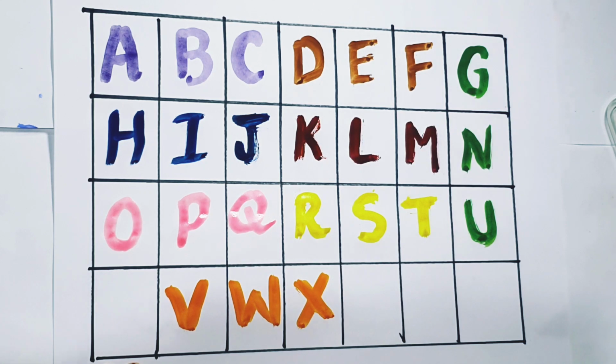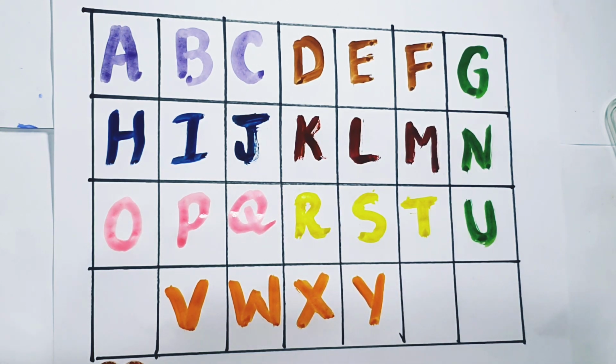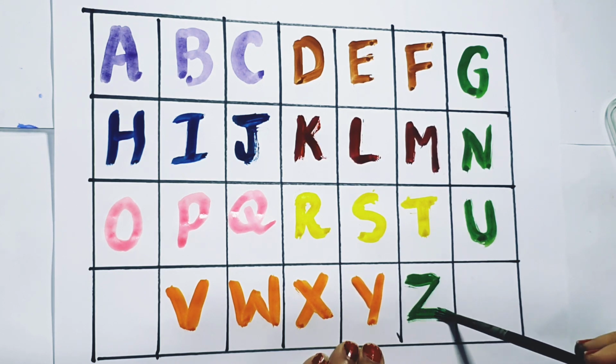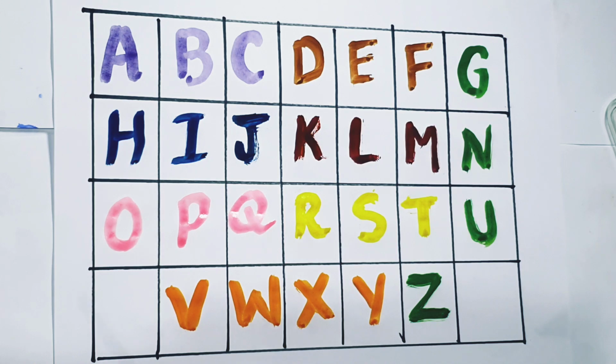X for xylophone. Y for yak. Z for zebra. So kids, what we learned today?